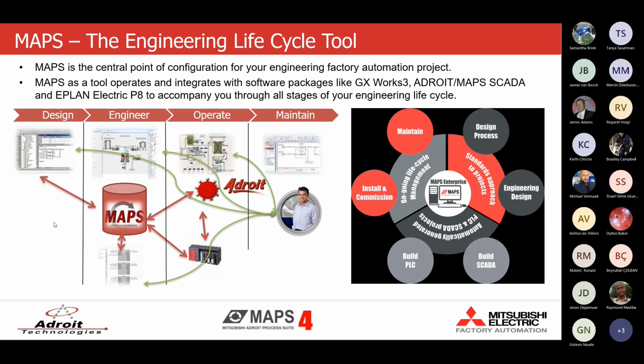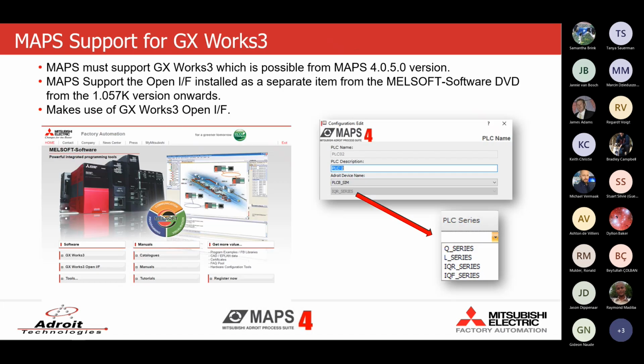So when we look at the GX Works3 support that we've integrated into Maps, it opens up a whole new opportunity for us using the IQR and the IQF PLCs. And Maps is considered mostly regarding your engineering saving time when you do a project.